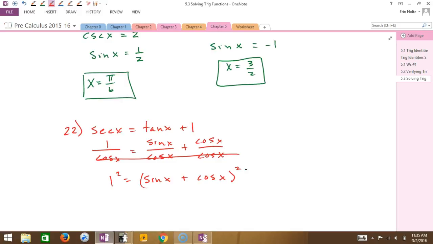Because the middle term would be sine squared plus 2 sine cosine plus cosine squared. And the sine squared and cosine squared would make 1, but you still have 2 sine cosine. Write it all out. The two ends, a sine and a cosine.